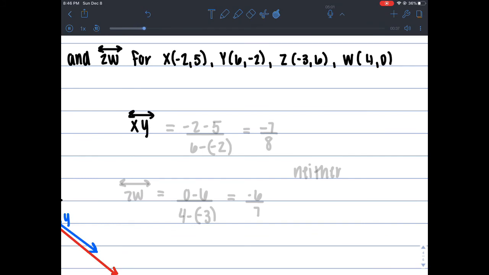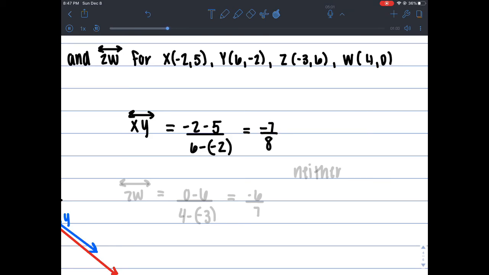The slope of XY is going to equal negative 2 minus 5 over 6 minus negative 2. This is going to give us negative 7 over 8.